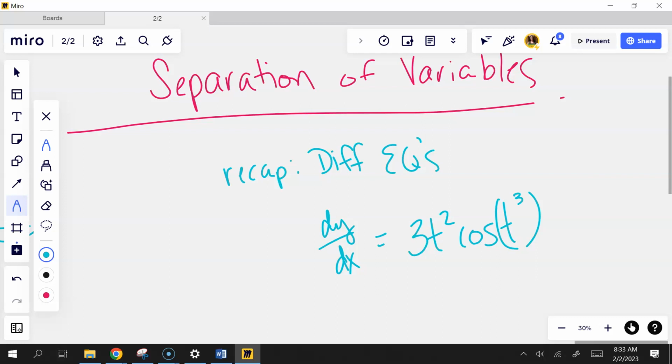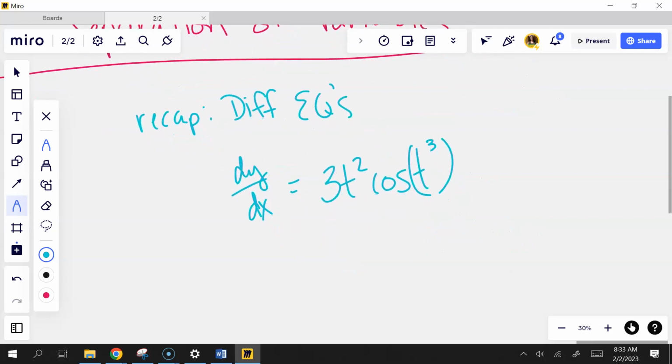How did we do this without u substitution? What did we do when we did this? Antiderivative. That's all we did to solve it, right? But this one was easy because there's no y here.